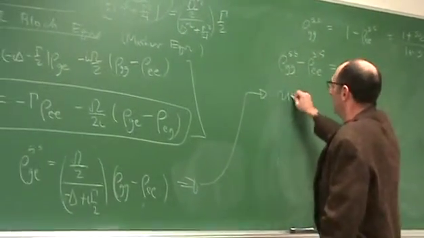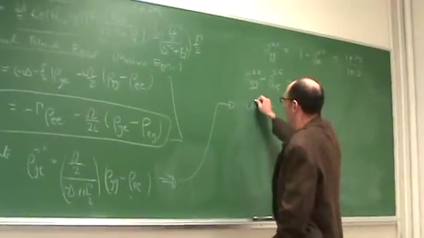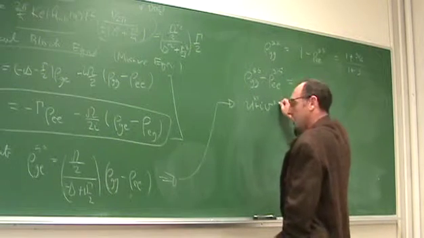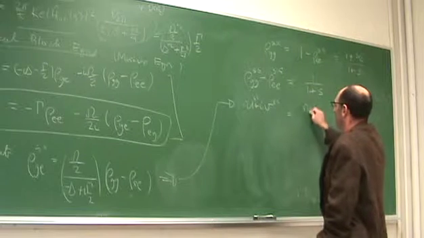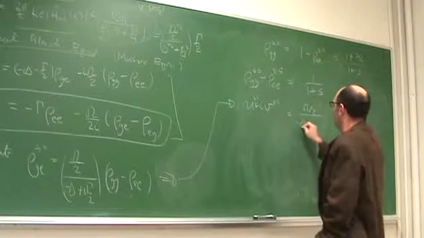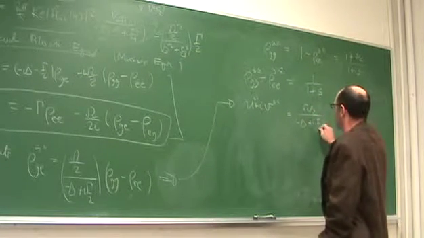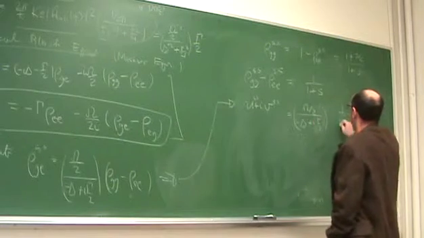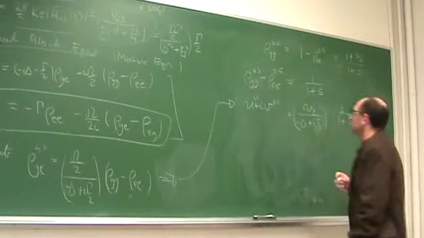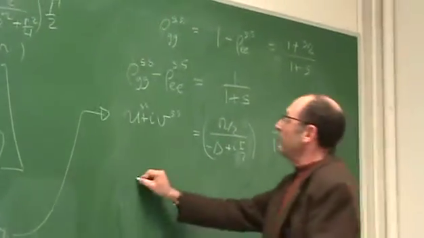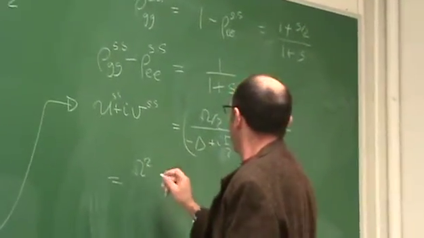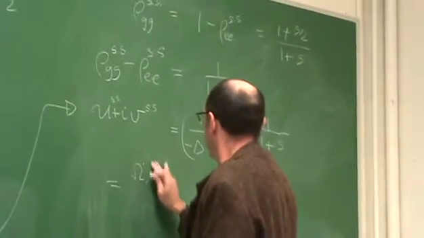And we get U plus IV in steady state is equal to gamma over 2, 1 over 1 plus S, which is then equal to gamma over 2 times this.